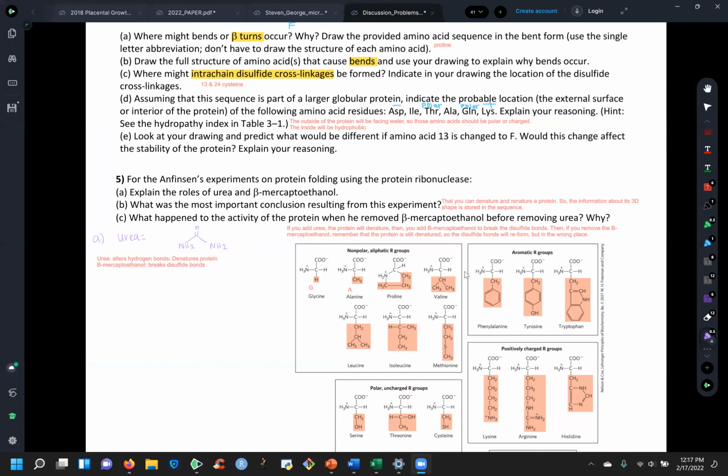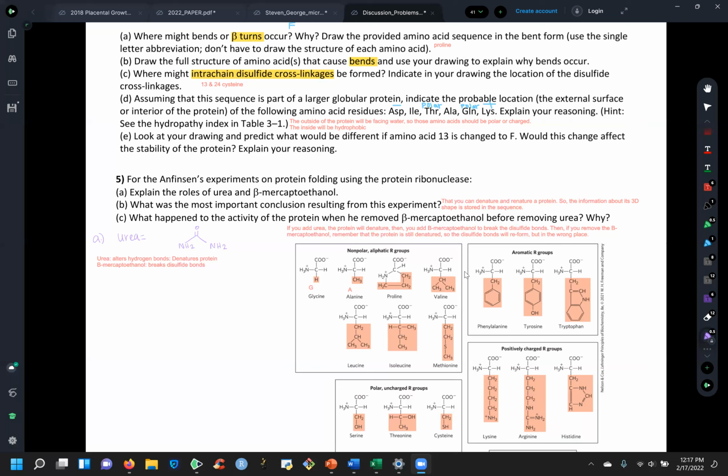So we're going to say refold, and then the disulfide bridges reform. Because the protein was already refolded, those disulfide bridges are going to happen in the same exact places where they originally were. And that's what you want.